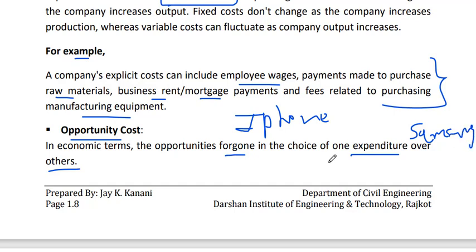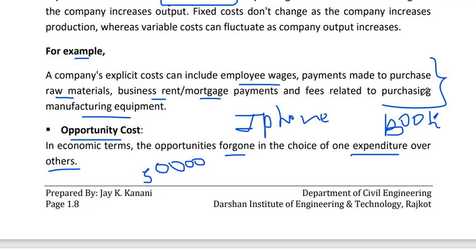Let's say I have only 50,000, and there is a phone and a book, or say a laptop.